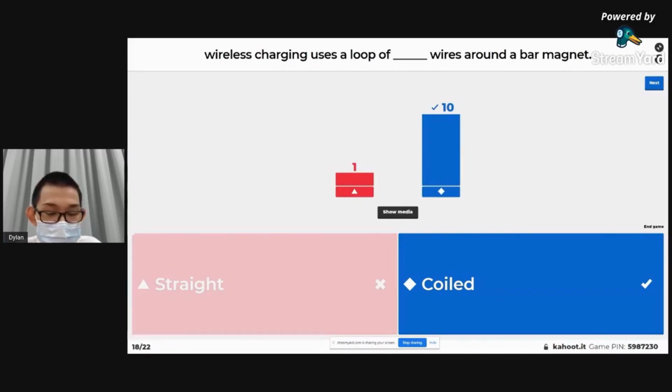The answer is coiled. I want to repeat myself again. With a simple electromagnet, we coil the wire, and basically with electromagnets, it's all about coiling of a wire.